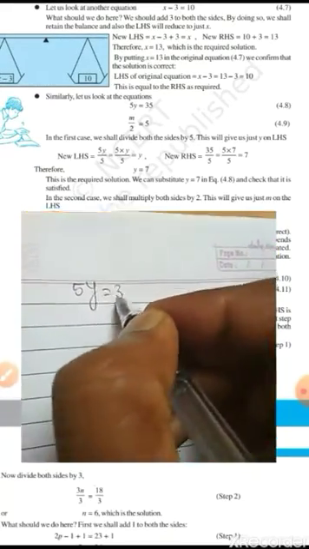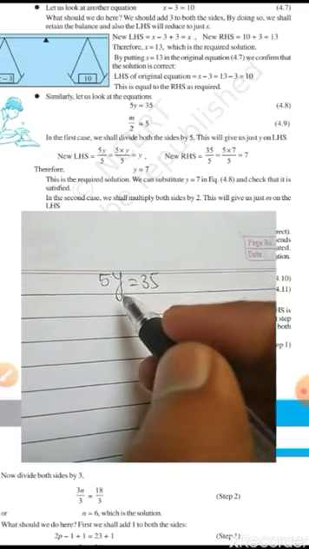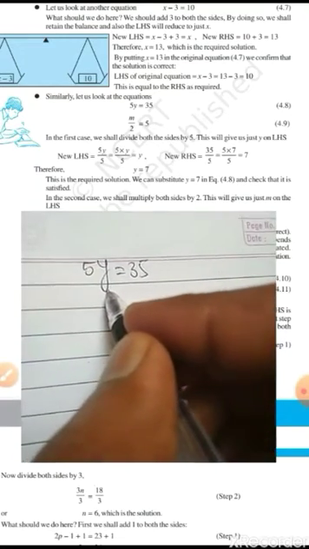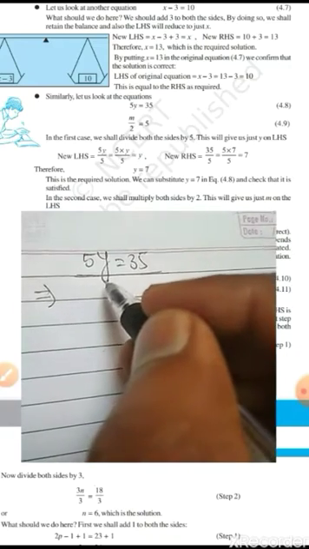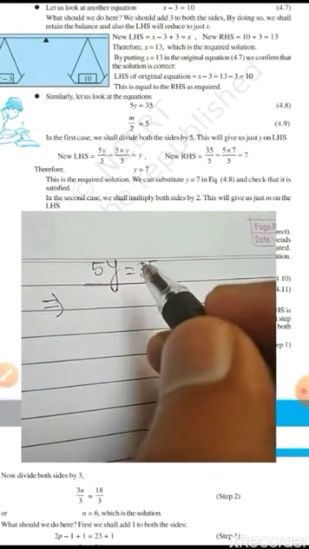5y is equal to 35. What is the variable here? y is the variable here. So we have to find the value of variable y which satisfies this equation. So to find the value of variable, what will you do? What will be the first step?